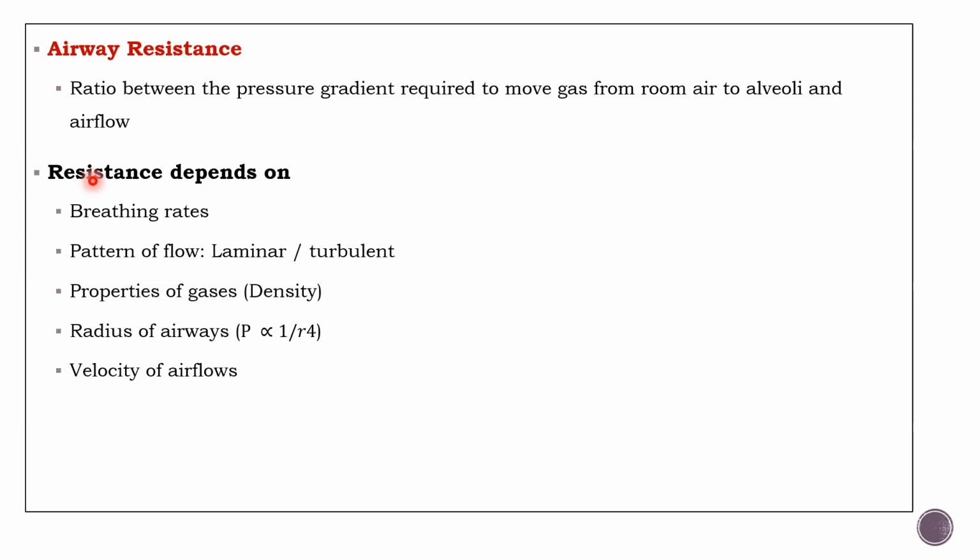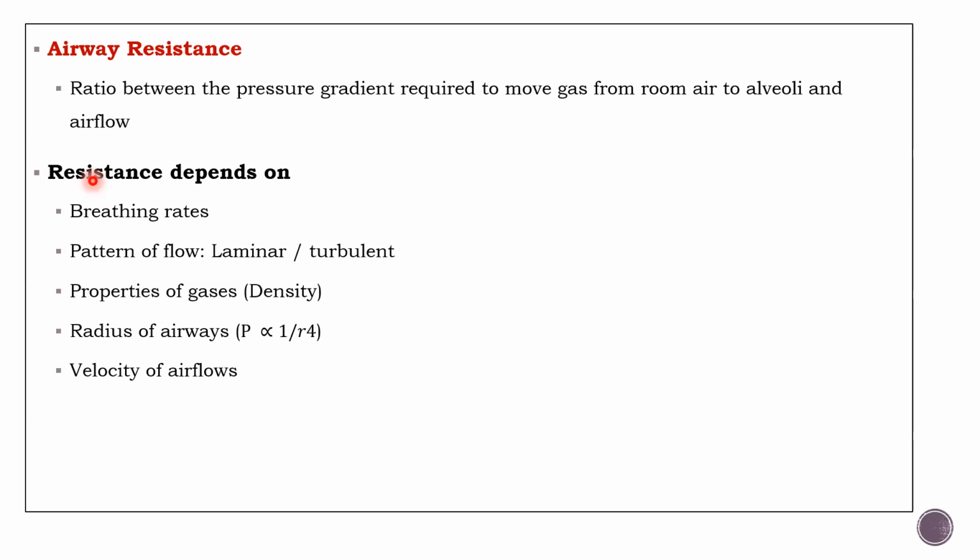Suppose you have a 4 year old or 6 year old child and you ventilated with a size 3 or 3.5 tube. The radius of the tube is very, very low. So for the air to go inside, the force will be very high to overcome the major resistance given by the smaller tube. The same concept applies for bronchospasm. If the radius of the trachea or the bronchi is narrow, the resistance will be very, very high.